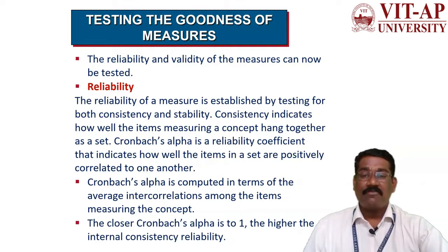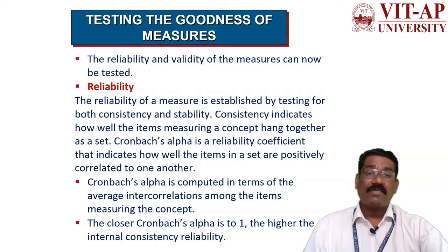After data collection, if you test the Cronbach alpha reliability, that we call the reliability coefficient, it indicates how well the items in a set are positively correlated to one another.